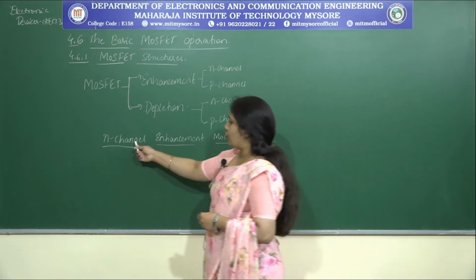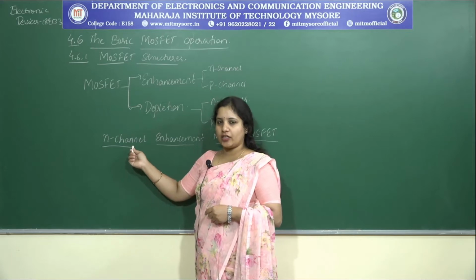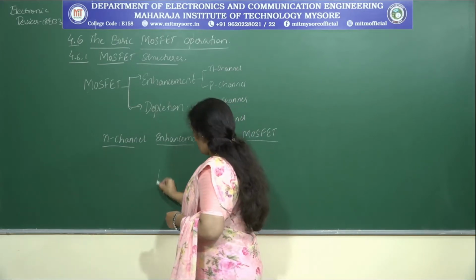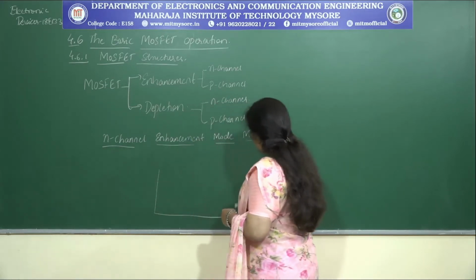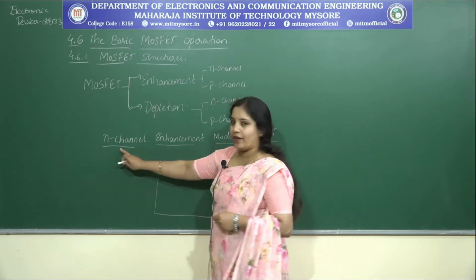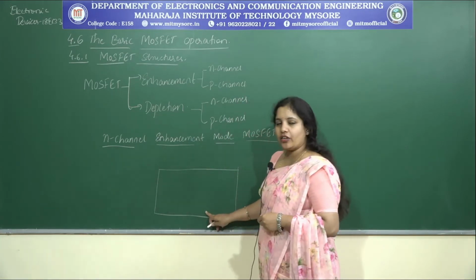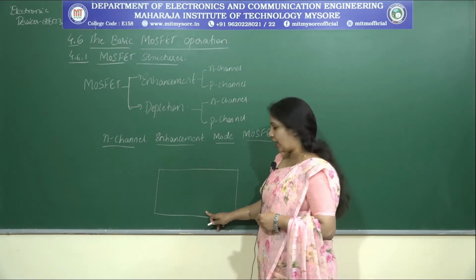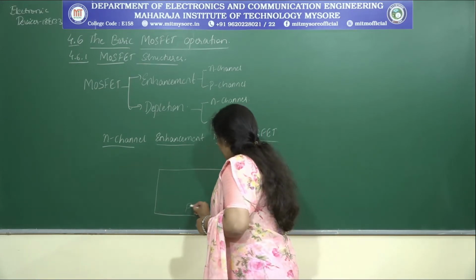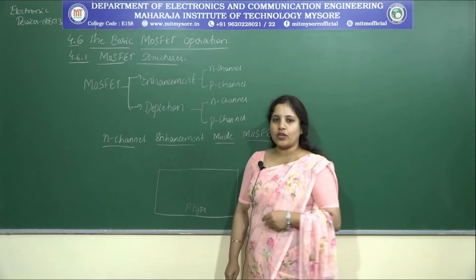Now, as I told, what kind of channel is getting created? It is the N channel that I should have. Always remember, whenever you have an N channel, the underlying substrate that you should have should be of the opposite type. Therefore, the kind of substrate that I should have is a P type substrate.